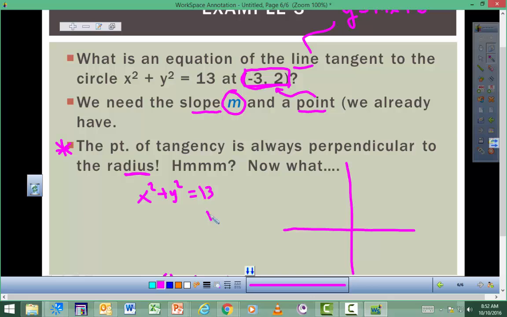This value is r squared, right? So if that's r squared, what's r equal to? That's the square root of 13, right? And so I can do that in my calculator, and I can find out what the radius is. That's something I could do, square root of 13. Now the radius is actually about 3.6.